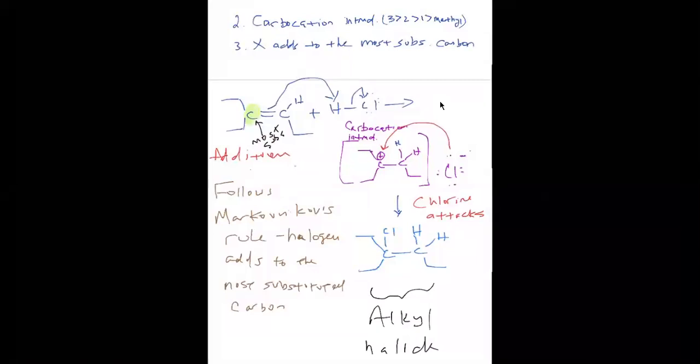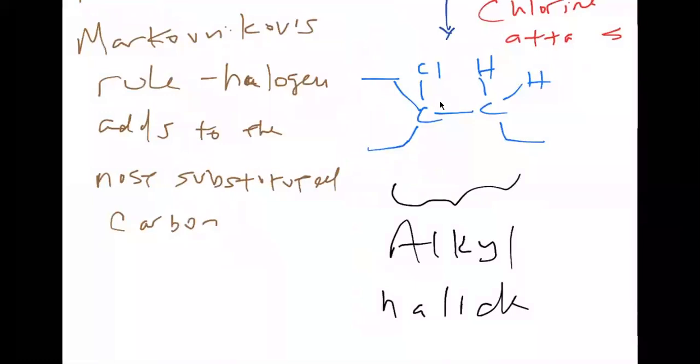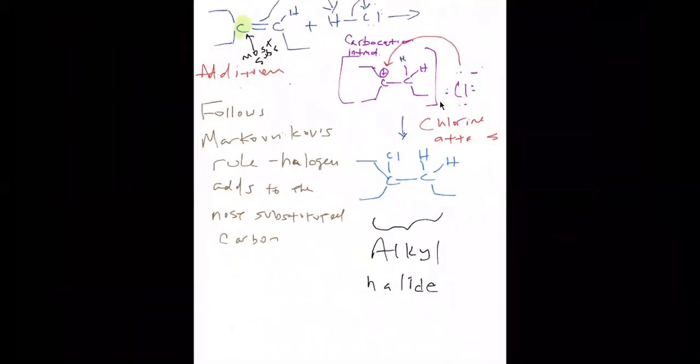The alkyl halide is exactly what the name sounds like. If you notice, it's all carbon-hydrogen single bonds, and then it has a halogen somewhere in that structure. So that alkyl halide functional group is the result of, that's one way to make alkyl halides, is to take alkenes and add HX to them. All right. Any questions so far?